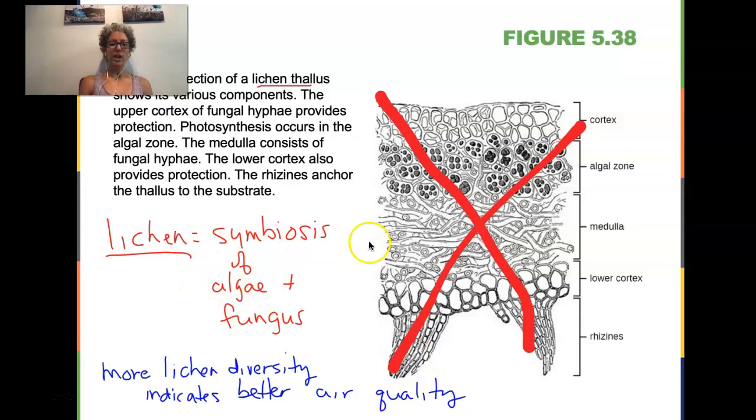And then the fungi provide a structure, the base for the algae to stick to, and then the waste products of the fungi are carbon dioxide and water that the algae need.